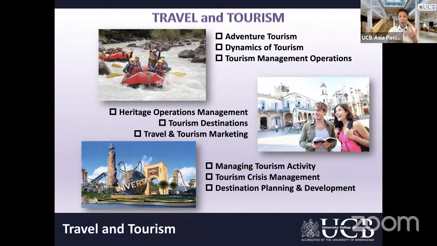Then we look at the other side of it. That's the tourism business management that we want to talk about now. That is about how you operate a tourism business like a travel agency. At the travel agency, you need to negotiate with airlines for good rates for your tours.